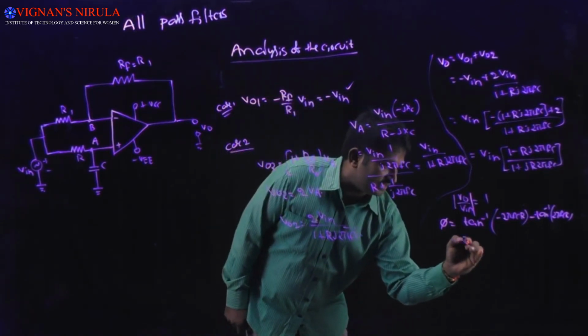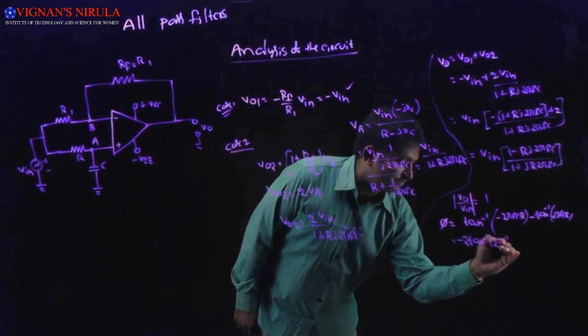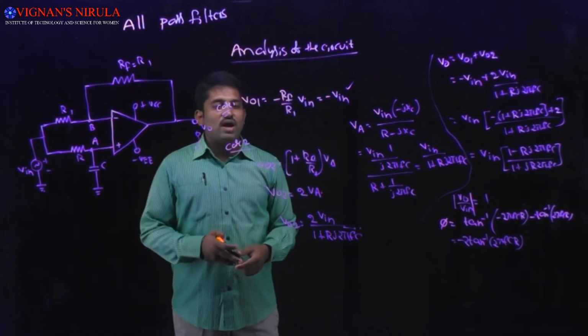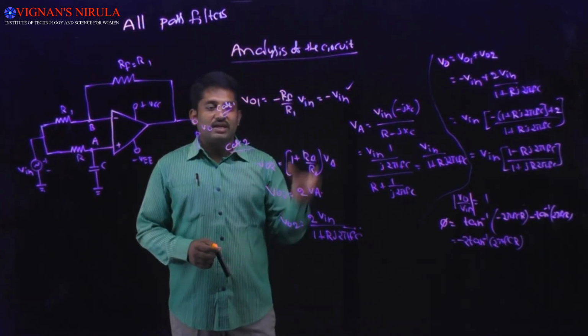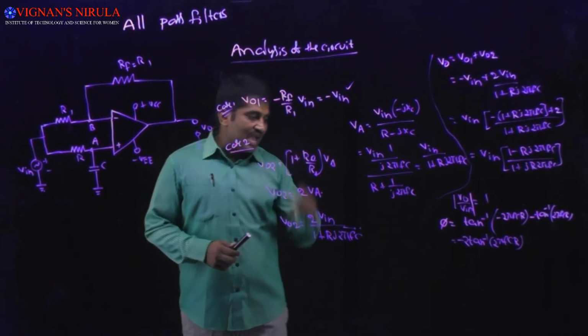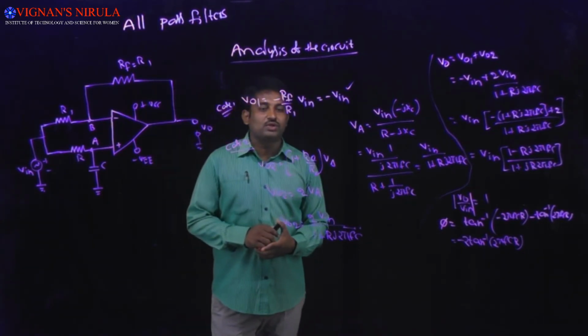So we will get it as minus 2 into tan inverse of 2 pi Fc into R. Using this analysis, what we can conclude is the gain of the all-pass filter is equal to 1 and the phase angle is equal to minus of 2 tan inverse of 2 pi Fc into R.